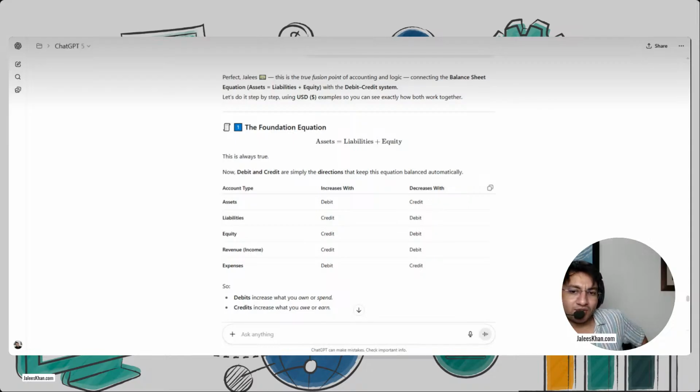When we credit someone, like we give money to someone, then that cash is gone from our assets. So that's why it is saying that assets decrease with credit, because that's the starting point of the transaction, we are giving away. So that's why assets decrease with credit.